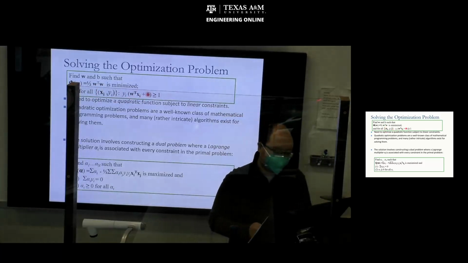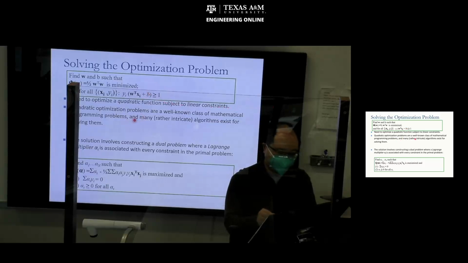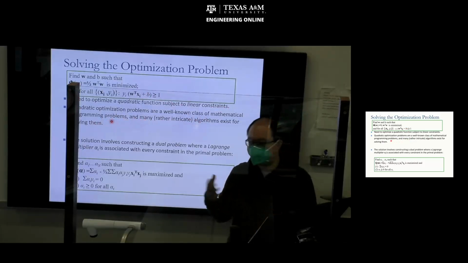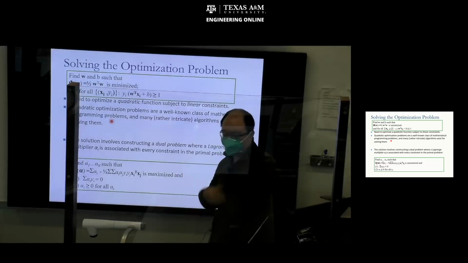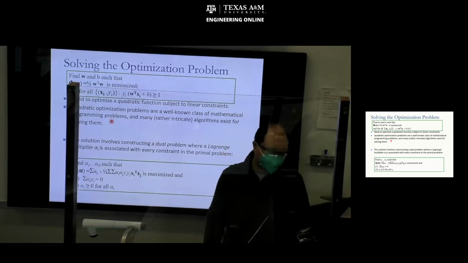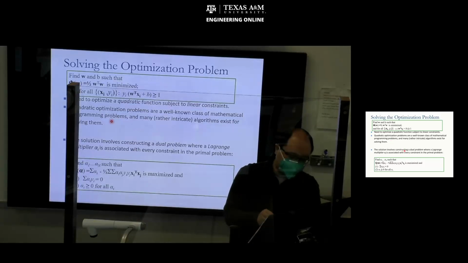So this is a well-known class of problem with guaranteed exact algorithms with guaranteed optimum, okay? And the solution involves constructing a dual problem, with Lagrange multipliers alpha i as the dual variables.